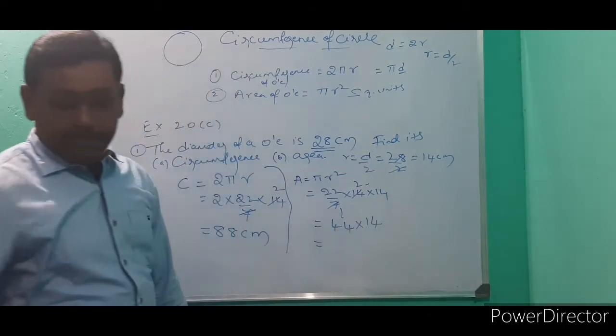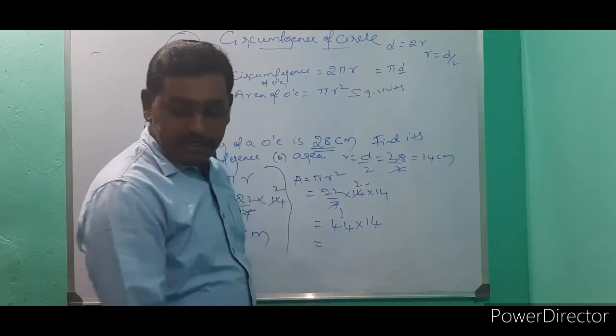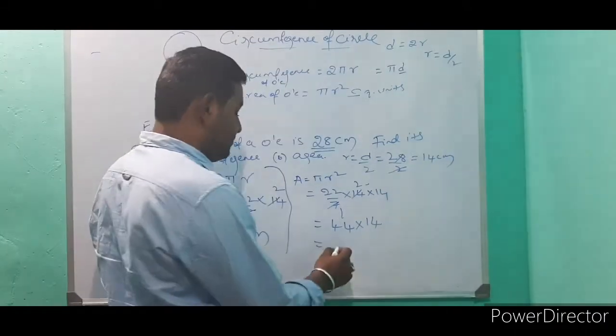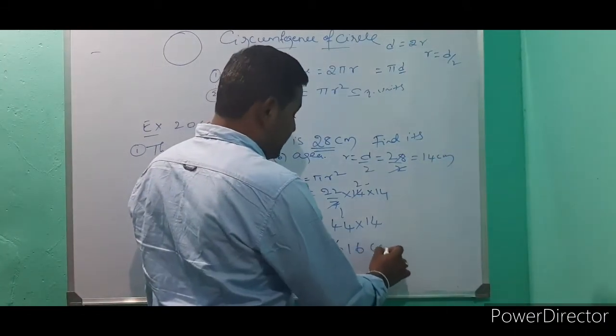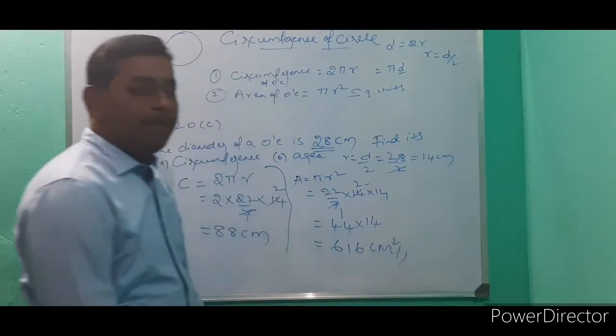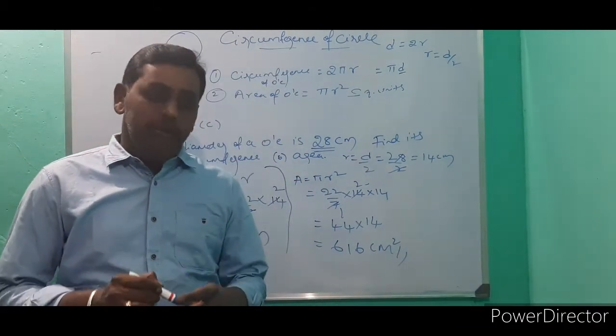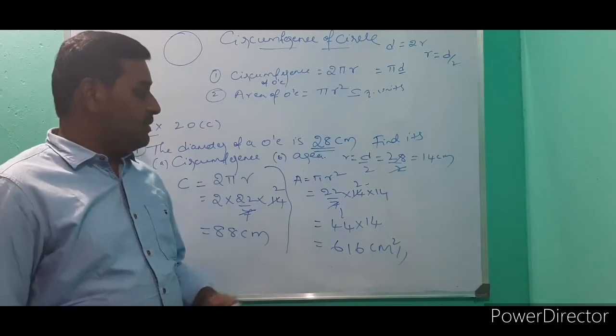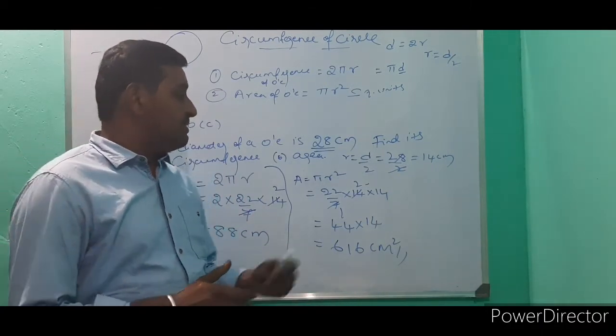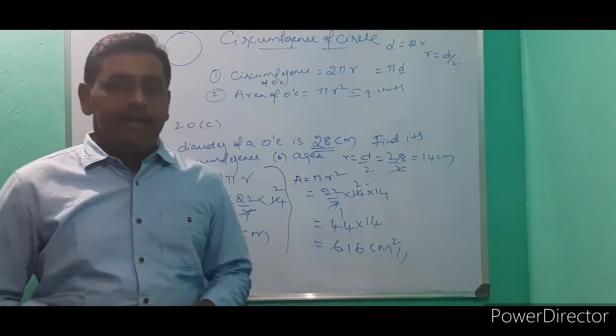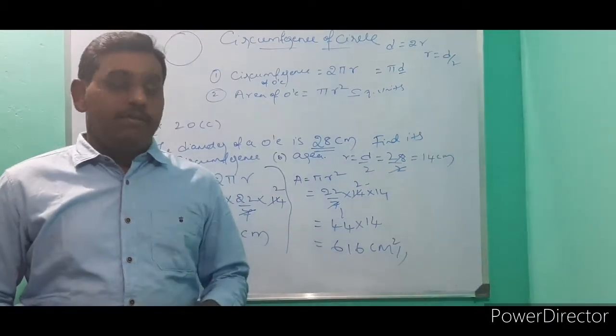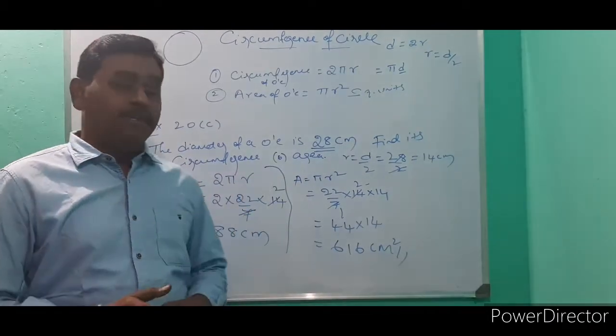If you multiply these two, you will get 616 centimeter square. So the problems are simple. You can easily understand this problem by using the formulas of circumference and area. You have to find what data are given in the question.